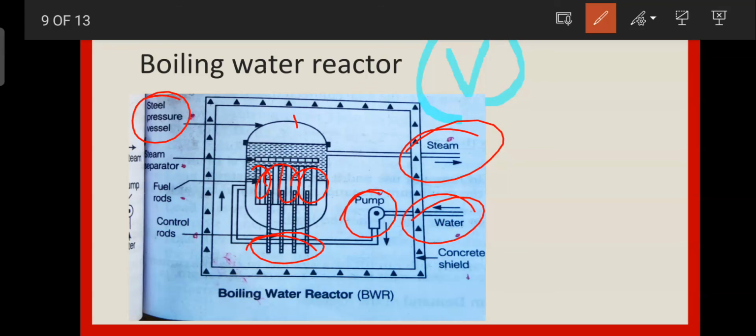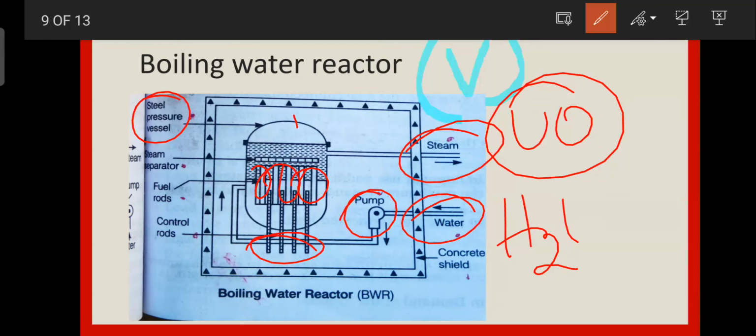So in this boiling water reactor, an enriched amount of uranium oxide is used as our fuel, and ordinary water, H2O, is used as both coolant and moderator.